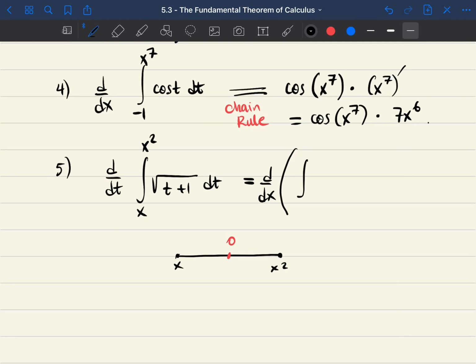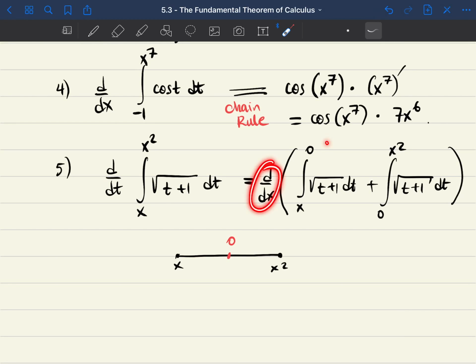So I have the integral from x to 0 of root t plus 1 dt, plus the integral from 0 to x squared of root t plus 1 dt. Okay, so now you can take the derivative of the first plus the derivative of the second.